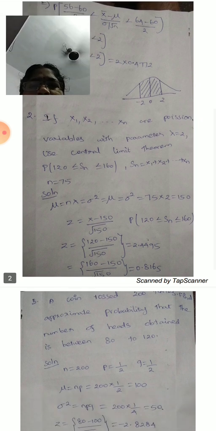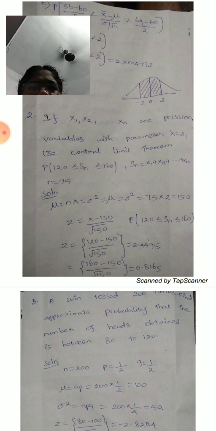And then z equal to (x bar minus mu) divided by sigma. Therefore mu is 150 and sigma is root of 150.